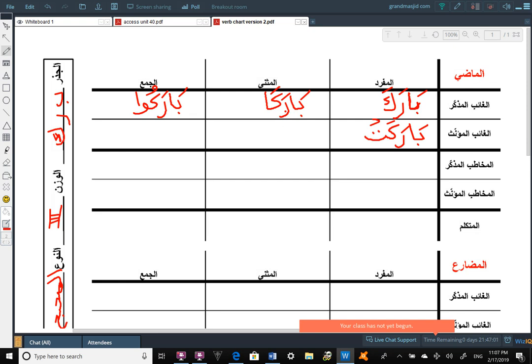Third person, right? Dual, feminine, barakata. And then if we want to make it plural, feminine, then we're going to add the noon and niswa, barakna. Then second person, al-mukhatib, mudhakkar, masculine, mufrad, singular, barakta.